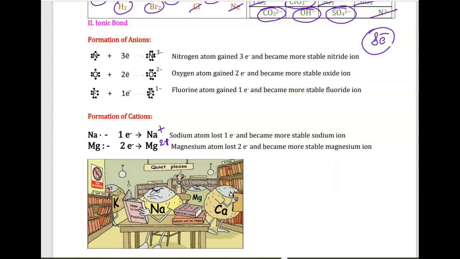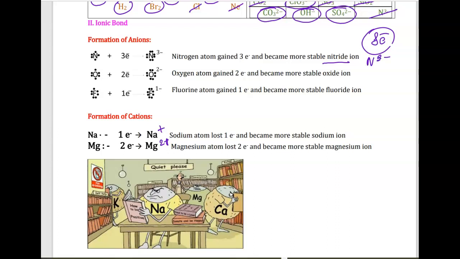When it gains 3 electrons, it becomes the nitride ion. Nitride ion means nitrogen 3 negative.